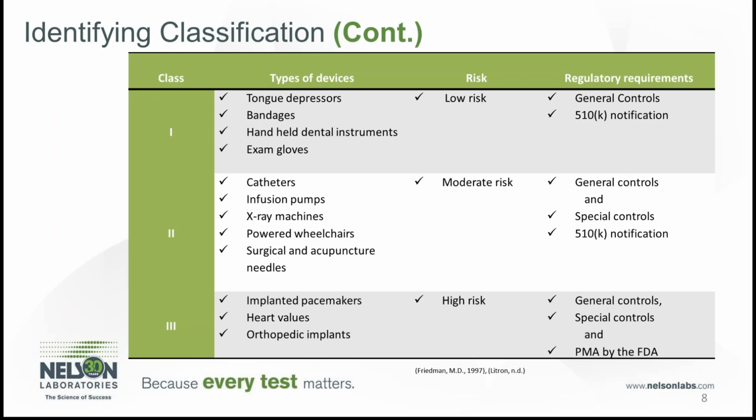Special controls are post-market surveillance studies and performance standards. Class 3 devices are classified as high risk because they are life-supporting or life-sustaining devices. For example, in addition to the ones listed here, we have heart pumps and automated external defibrillators. So now that we have identified the appropriate class, let's start looking at the path.